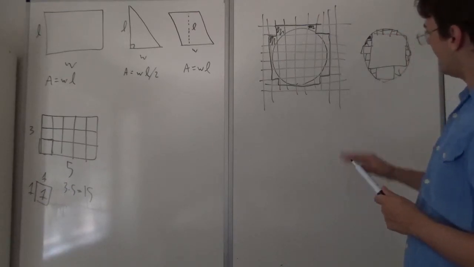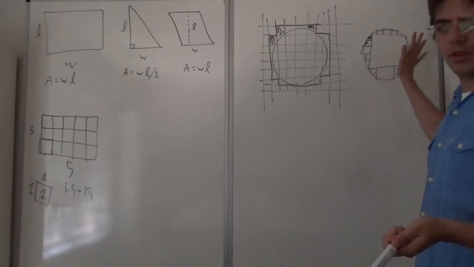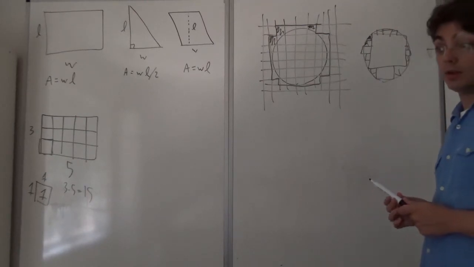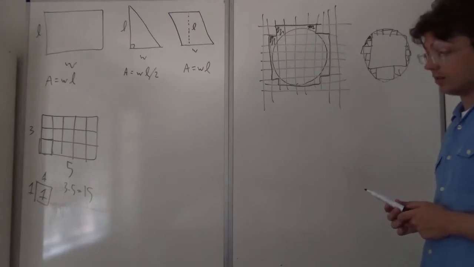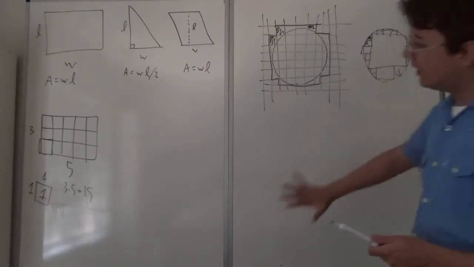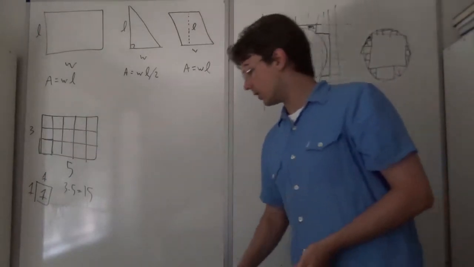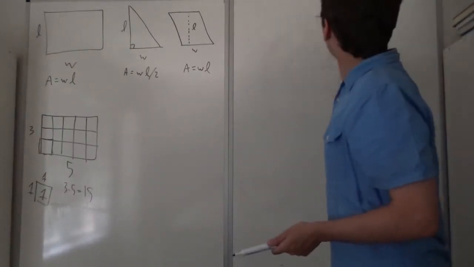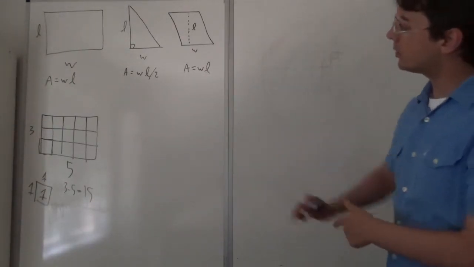I'd have to count up an infinite number of squares, and that's not something we are at all familiar with doing, and nothing we can practically do at this stage. So this method doesn't look like it'll work for a circle. Worth trying, though.